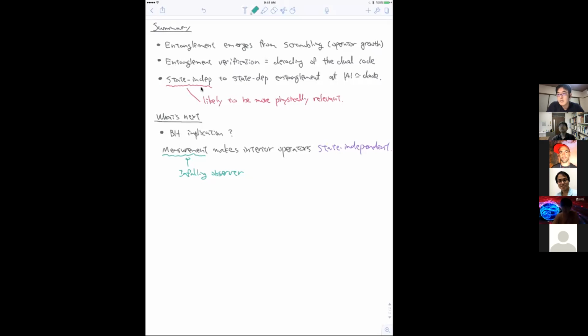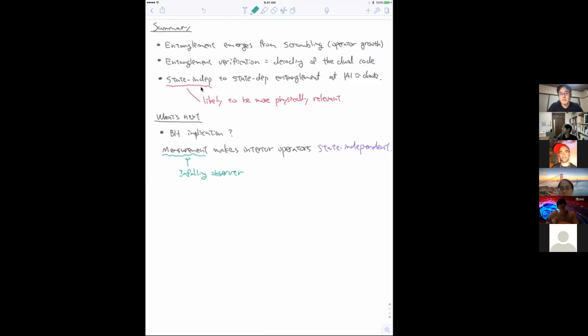Can you generalize this projective measurement to weak measurement? Let's see. In a generic setup of the physics of monitored quantum circuits, yes, people have generalized it into weak measurement in some form. For instance, this is a qubit, but you go to qudits, let's say multiple-state spins, and then instead of collapsing into a pure state, you can collapse into some subspace. That can be done.